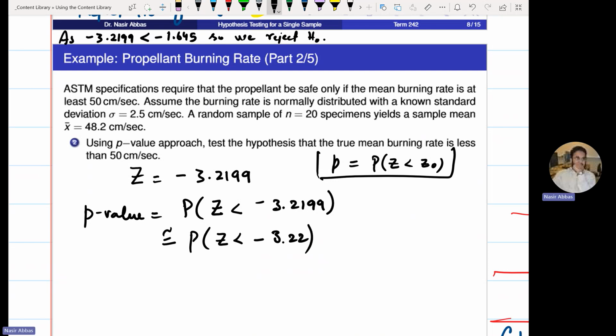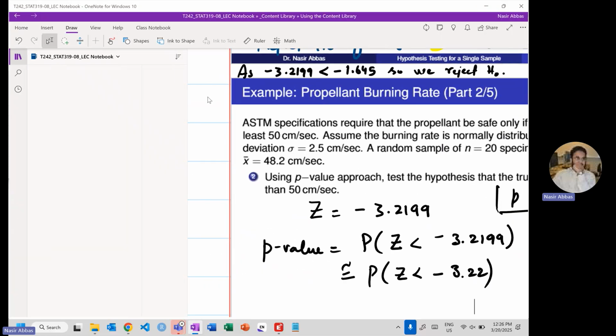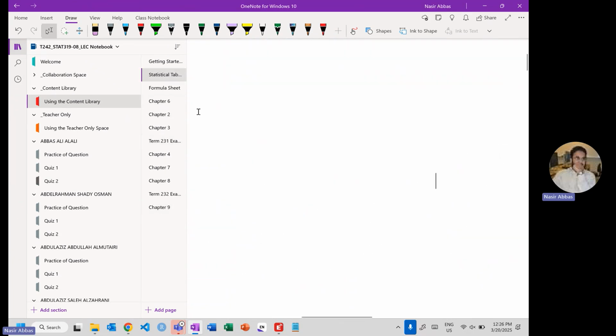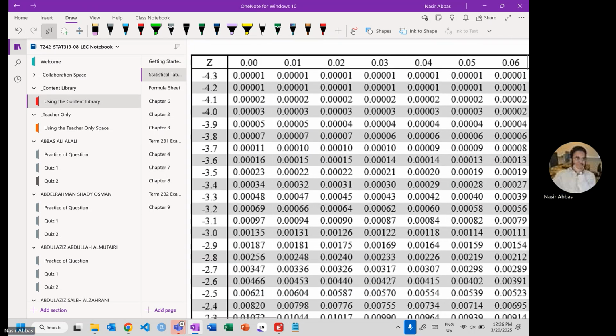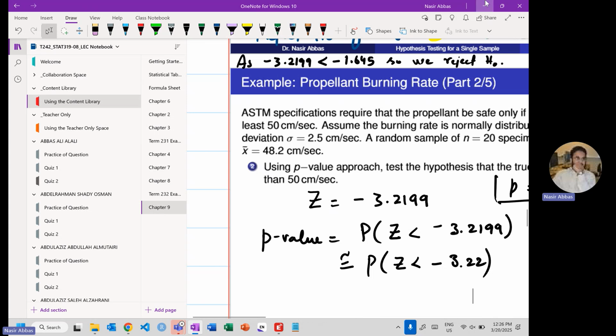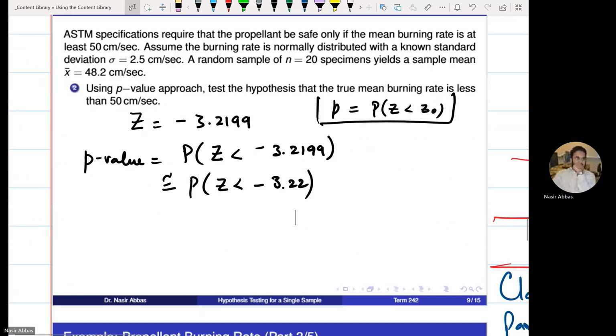This probability, you can get it from the Z table. Go to the Z table and find the area below minus 3.22. Minus 3.22 will be somewhere here. What is the area below minus 3.22? 0.00064.